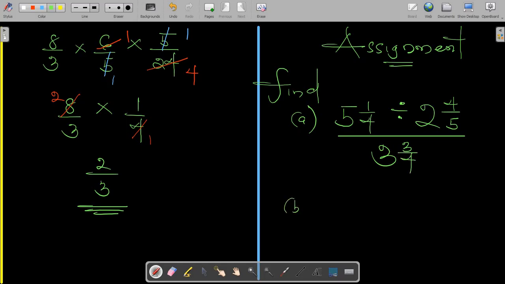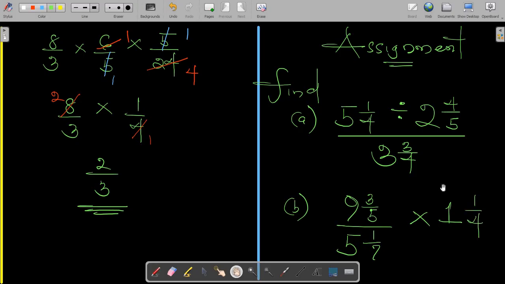Now the B question: 9 whole number, 3 over 5, all over 5 whole number, 1 all over 7, then to multiply by 1 whole number, 1 over 4.